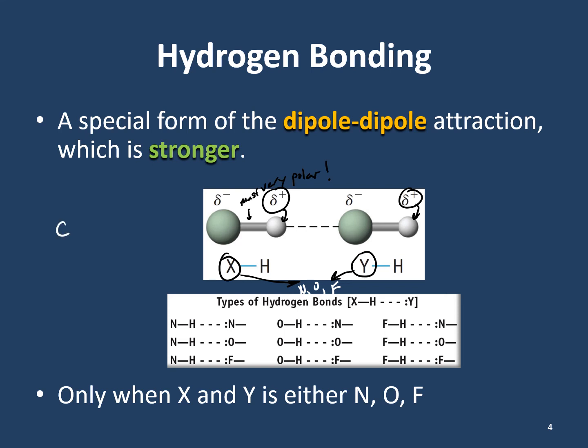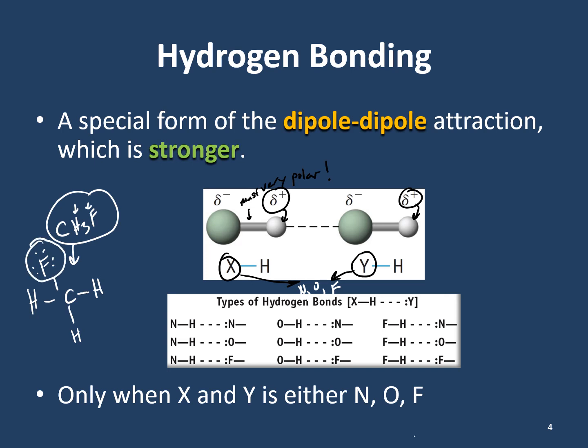So for instance, if we had CH3F, we have fluorine and hydrogen both present in the compound, which makes you think maybe hydrogen bonding. But actually, if you draw the Lewis structure of this molecule, it's like this.